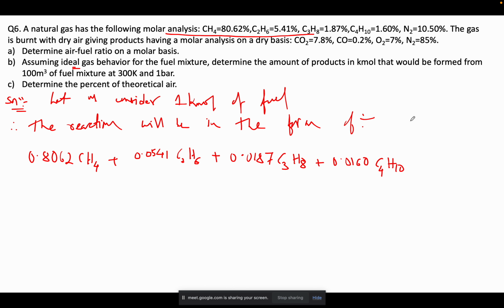Okay, and then this will be 0.1050 N2. So this is the fuel part.